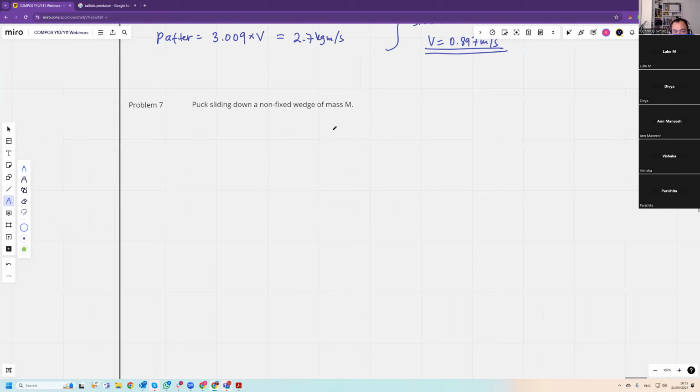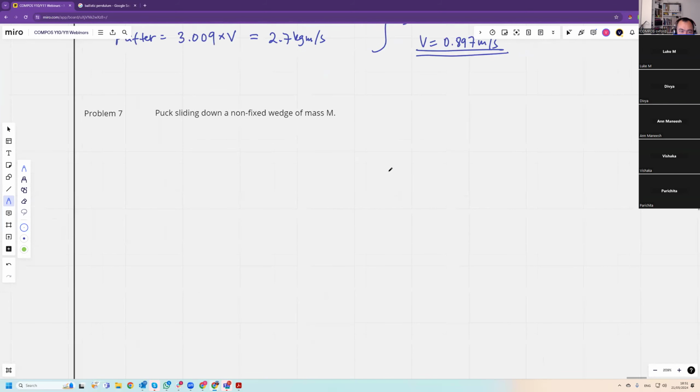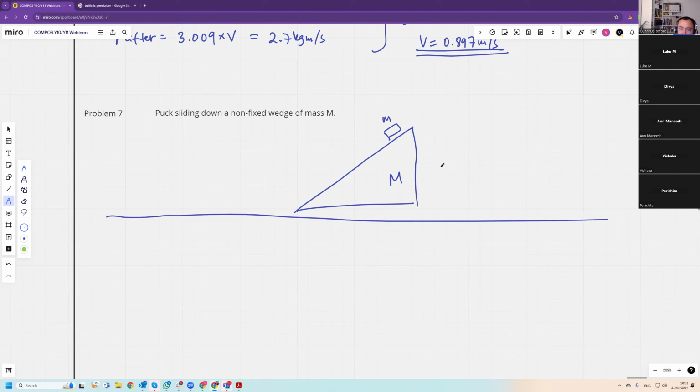Right, a puck sliding down a non-fixed wedge of mass M. So imagine you have a wedge, and there's a puck here, mass m, and the wedge is mass M. And this height is h. What would happen if we release the puck?